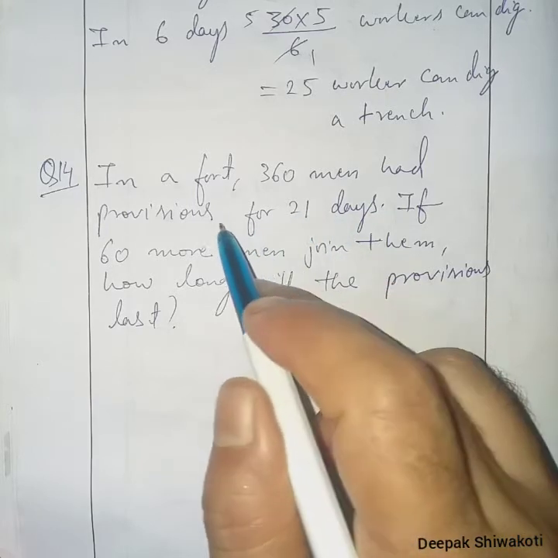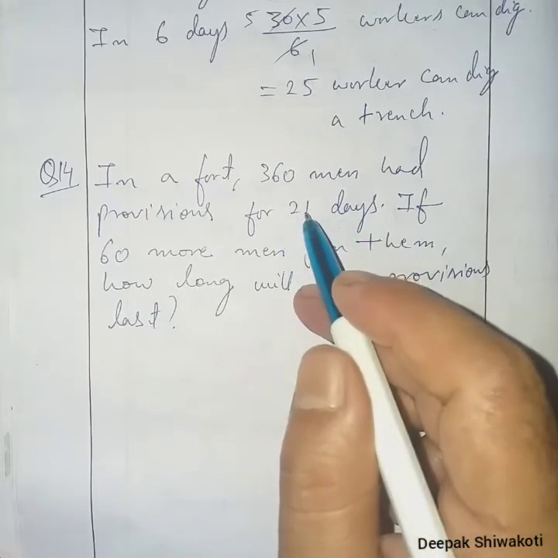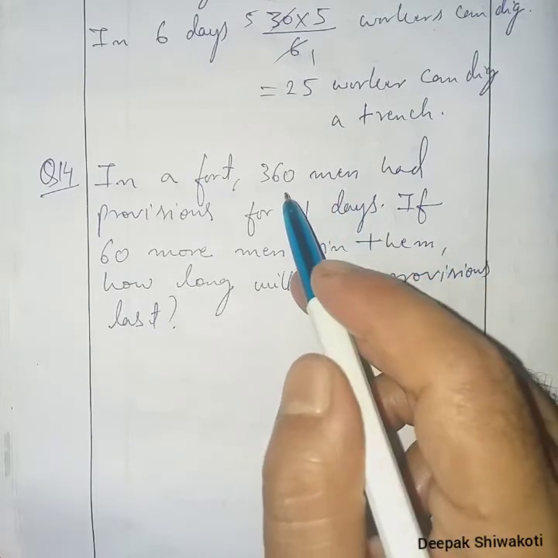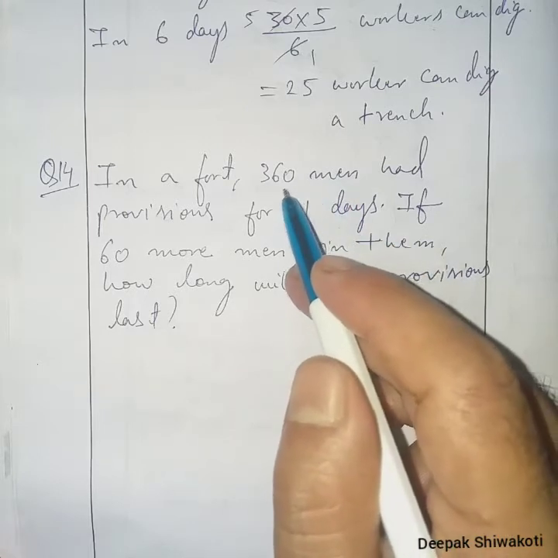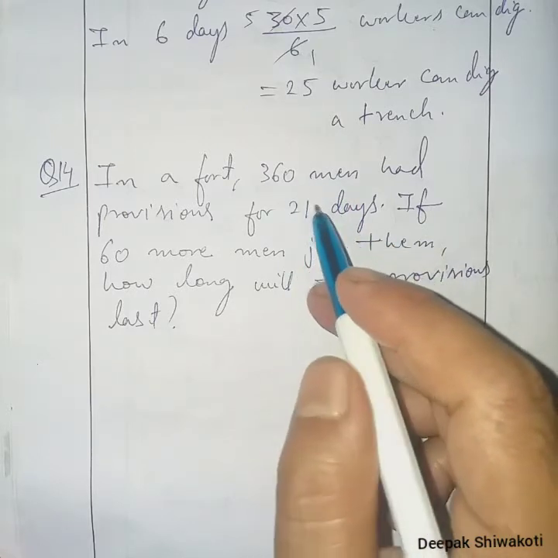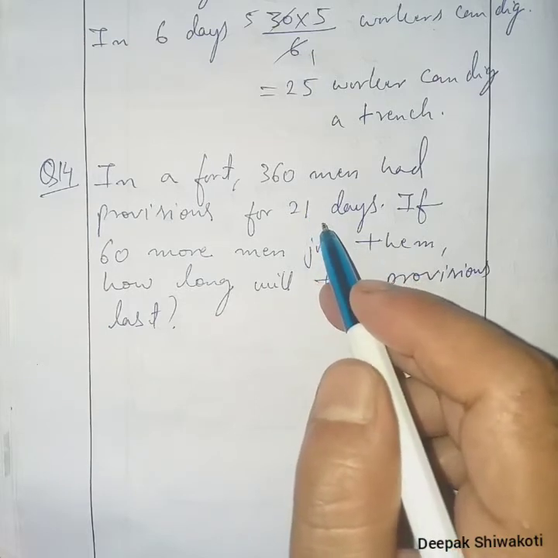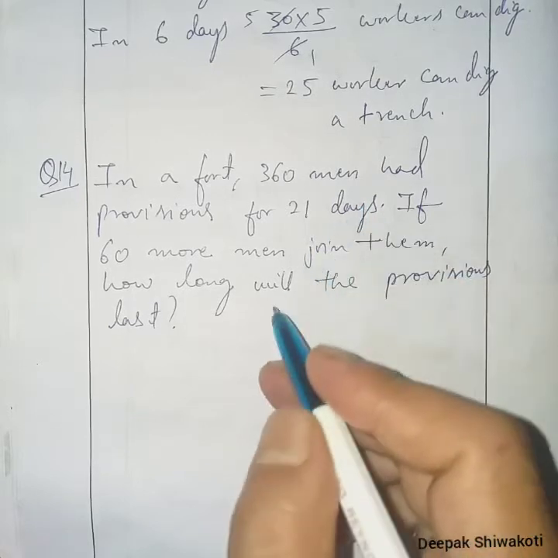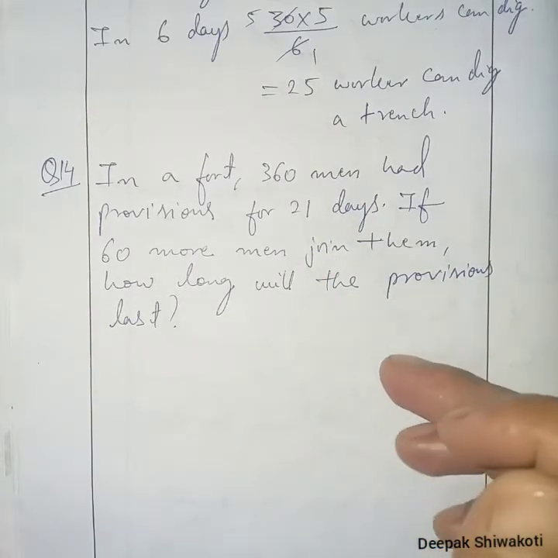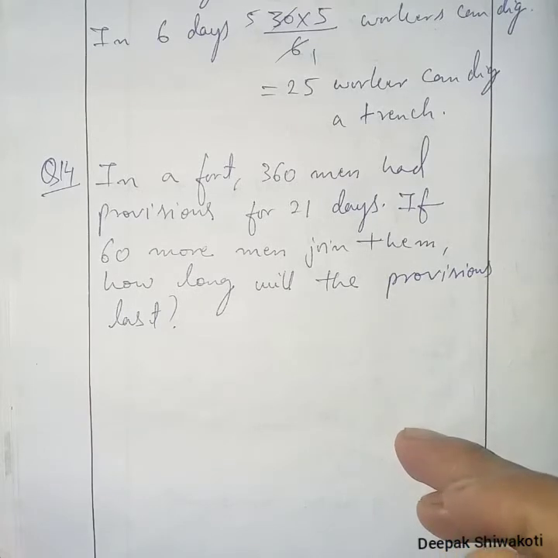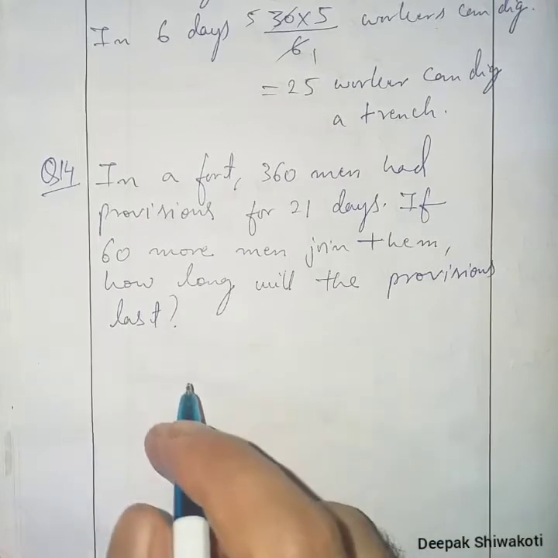Fooding and lodging is fixed and it will last for 21 days for 360 men. If the men increase, then the provision will be finished in less days, isn't it? So in that manner, we have to find the number of days. So days will be this side and number of men will be this side.